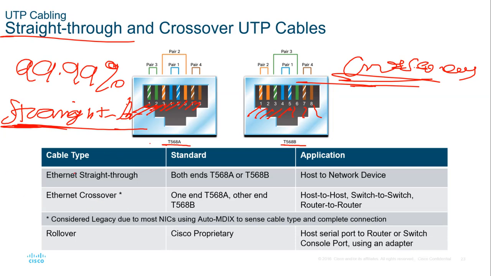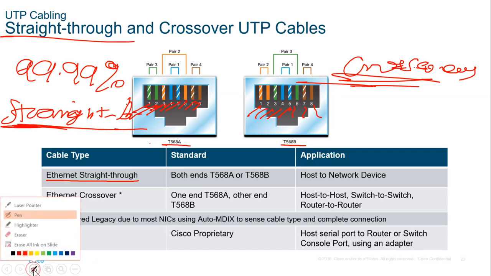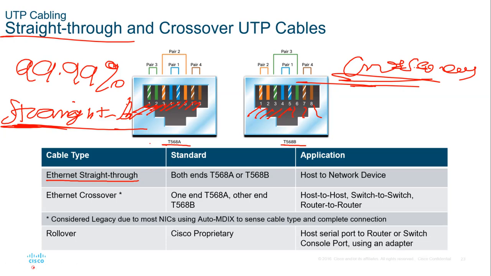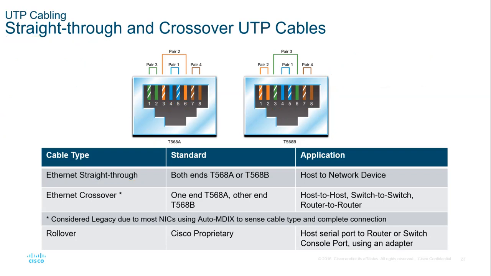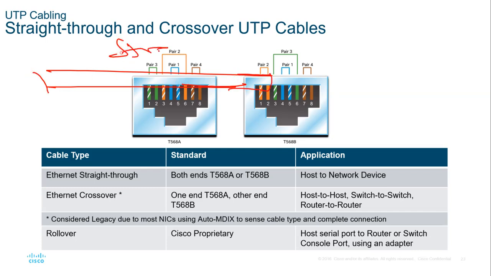So if I want an Ethernet straight through, if I pick a cable here and it's a straight through, I'll need A on this side and then A on the other side.